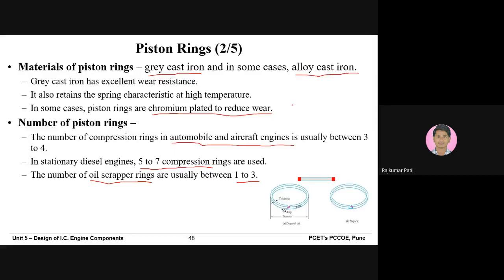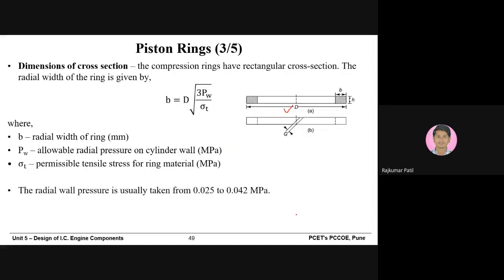So in this figure you can see the diameter of the piston ring. It is generally equal to the diameter of the bore, so it is denoted by D. And 2 more dimensions, one is B, that is radial width of the ring, and the height H.